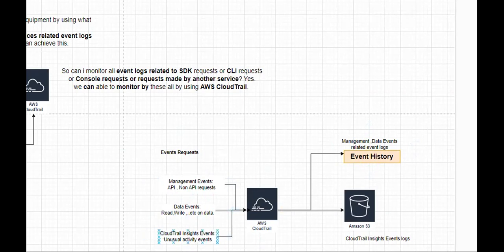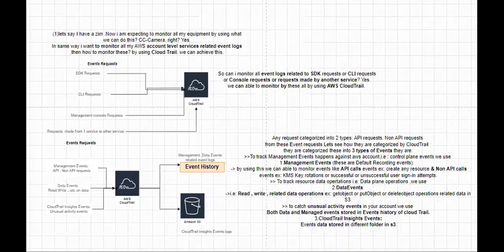If you select that, the events will be stored under one of the folders under the S3 bucket. So management event logs and data event logs will all be stored under event history. This is the theory about CloudTrail.